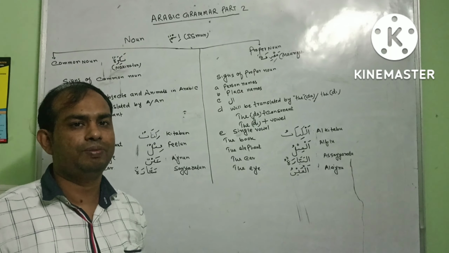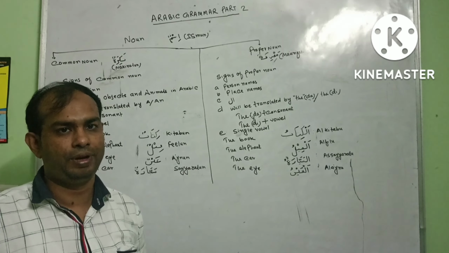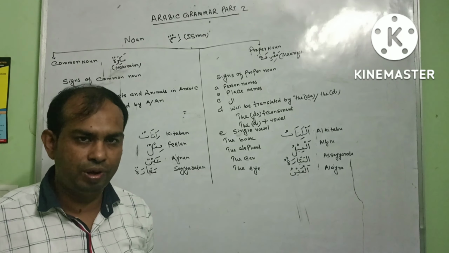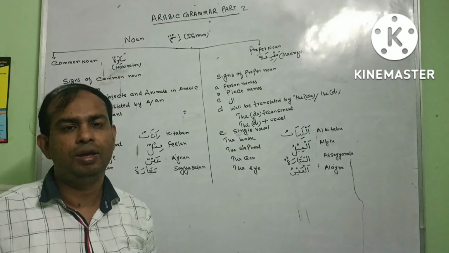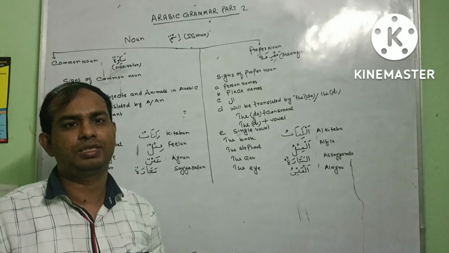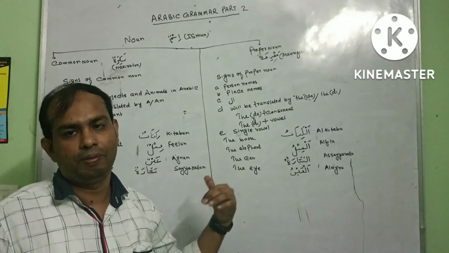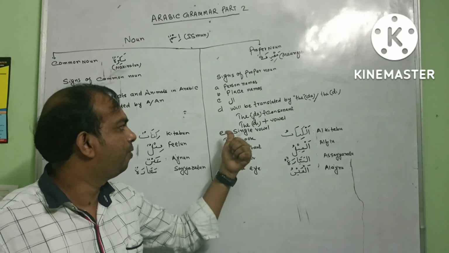But most of the time people say the or thee, there is no difference. But when we are going to emphasize a noun, then you say thee, either it's coming before a vowel or a consonant. But the rule is that when the is coming before a consonant, it will be read the, and before a vowel, it will be read thee. Understand? Now, single vowel.